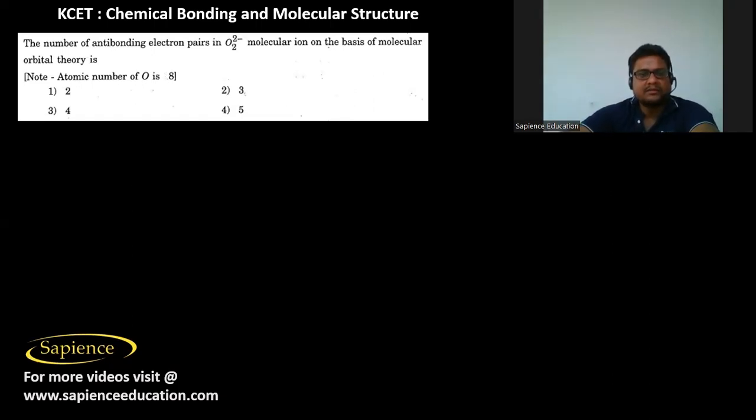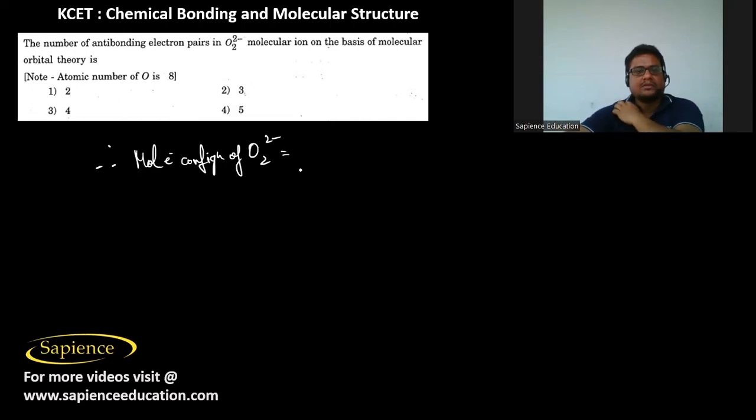It will be 8. The atomic number of oxygen is 8. So therefore, the molecular electronic configuration of O22 minus ion, according to the molecular orbital theory, will have 18 electrons.